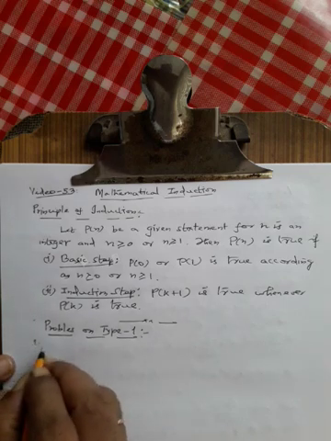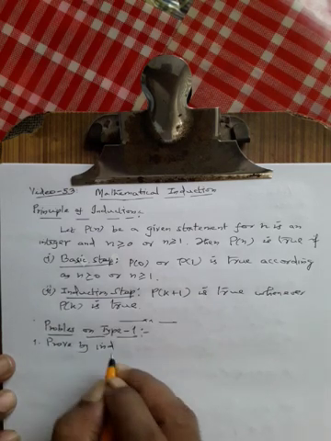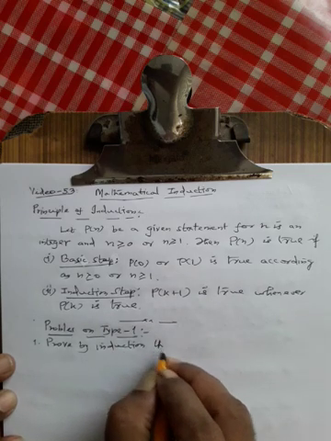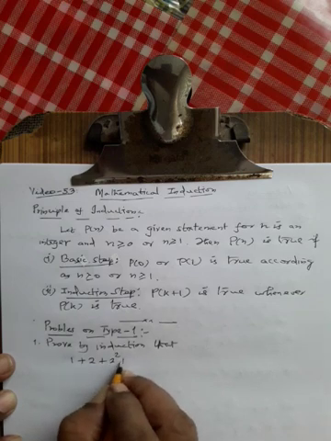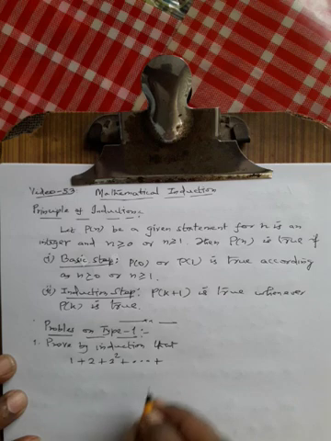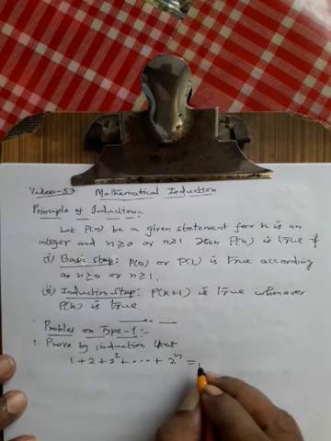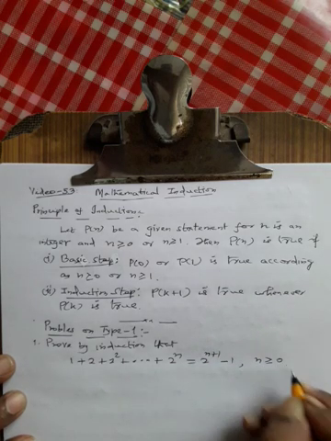Prove by induction that 1 plus 2 plus 2 squared plus etc. plus 2 power n equals 2 power n plus 1 minus 1, for n greater than or equal to 0.